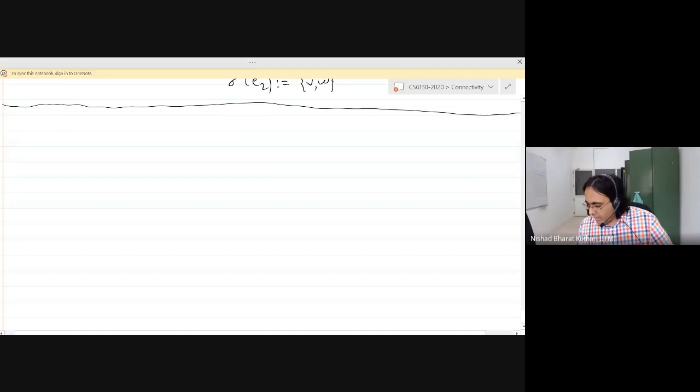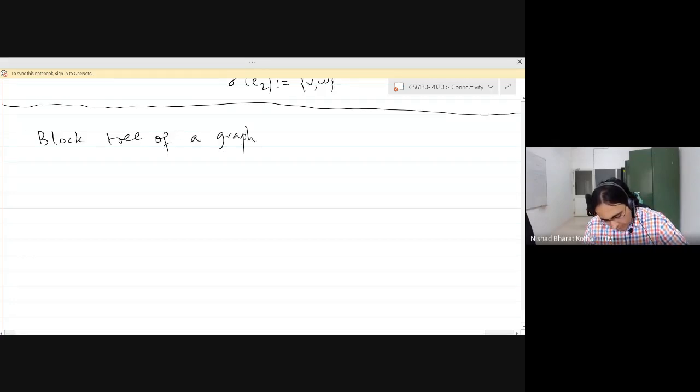Good. Okay, so now there is one last thing I want to discuss in connectivity, and after that we will move on to planarity. I want to discuss the block tree of a graph. So we have been using this word decompositions, right?